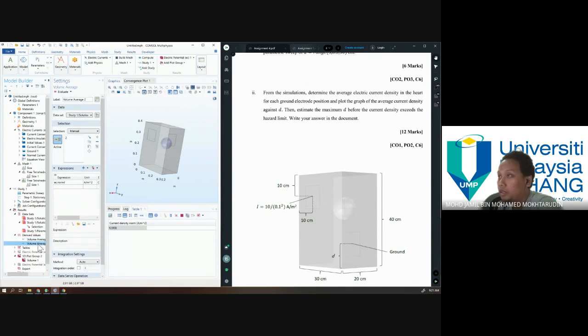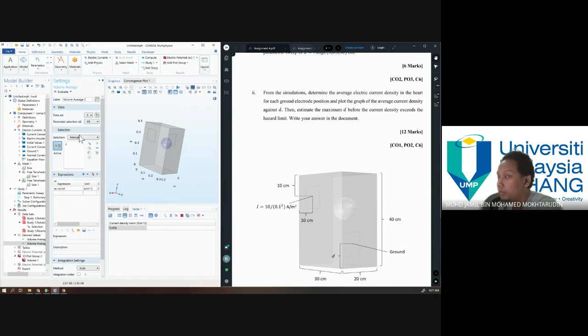And then here, just select this parametric solutions. And then try evaluate.